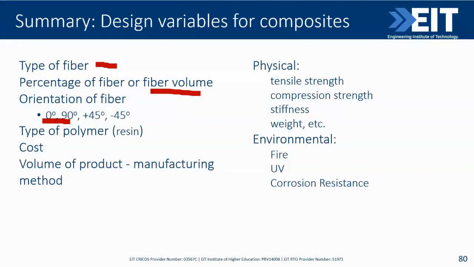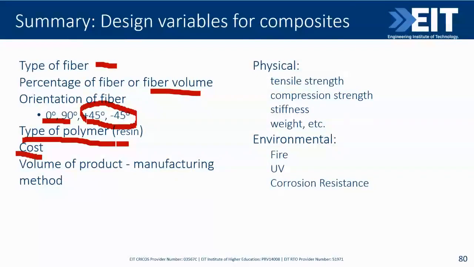We didn't actually look at the different ones, only 0 and 90 degrees, but the possibility of angle plies is very interesting, especially for pipes and round cross sections, because fiber orientation improves the shear resistance, which we said was the problem. Then the type of polymers, the resin, is another consideration.